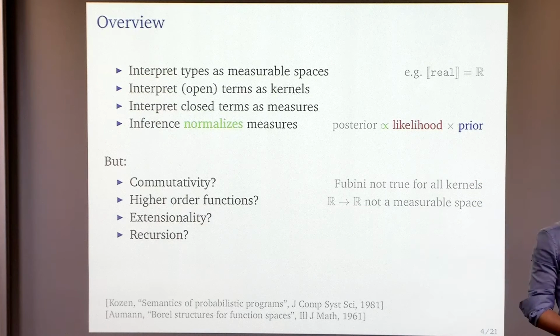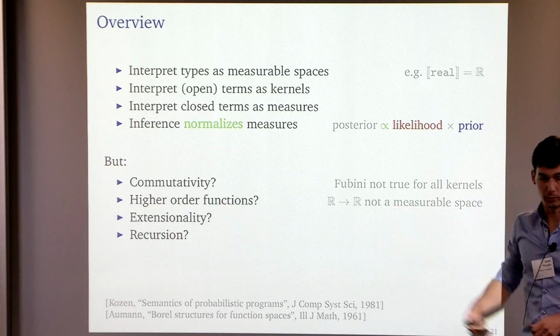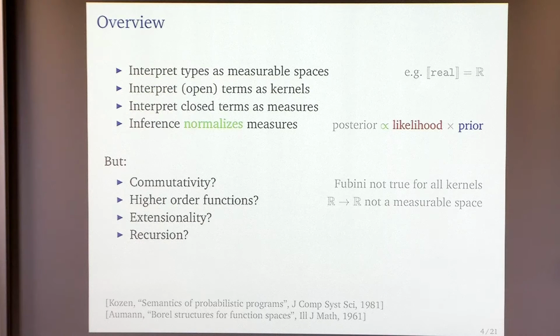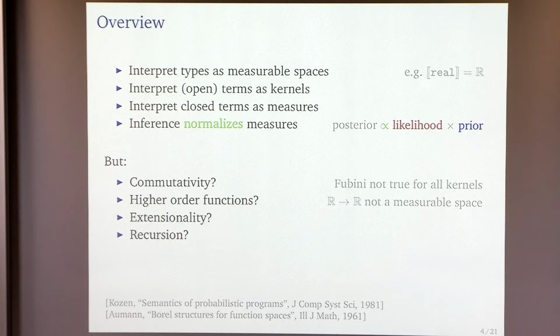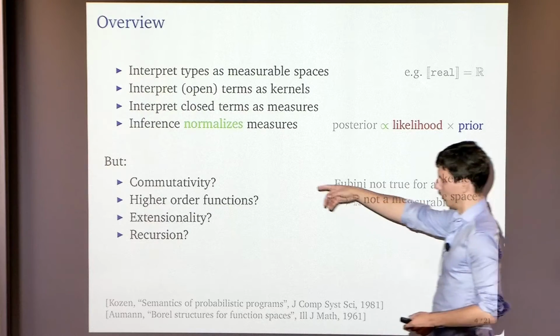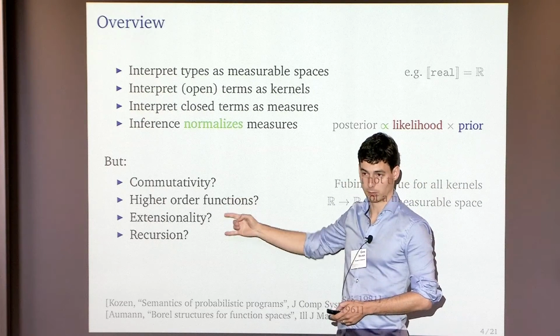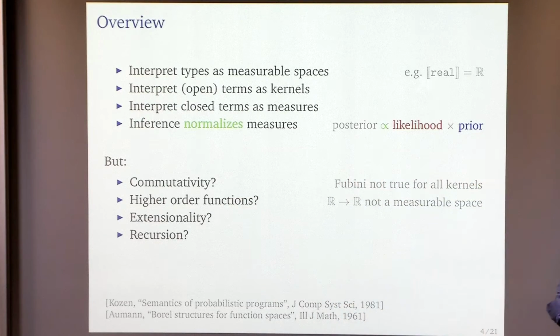And it so happens that there are rigid results saying there cannot be any sigma algebra whatsoever, no structure of a measurable space whatsoever, on the set of functions from R to R. So something needs to give there. We're going to find a solution for that, and that's going to have some other issues that I'll talk about. I should mention this is based on a LICS paper this year. This is mostly Sam's work, and these two things are new as well. It's not yet published anywhere.